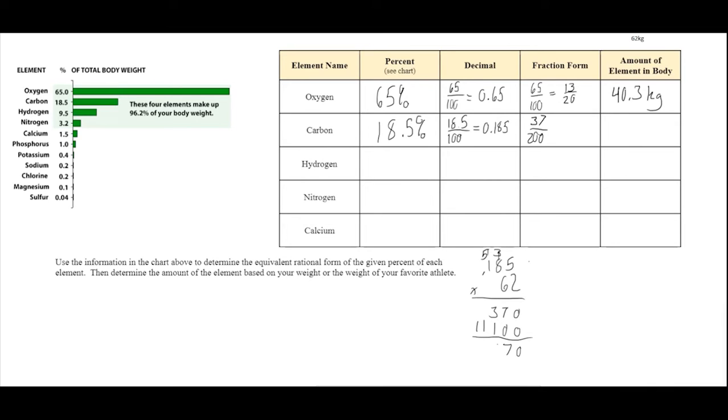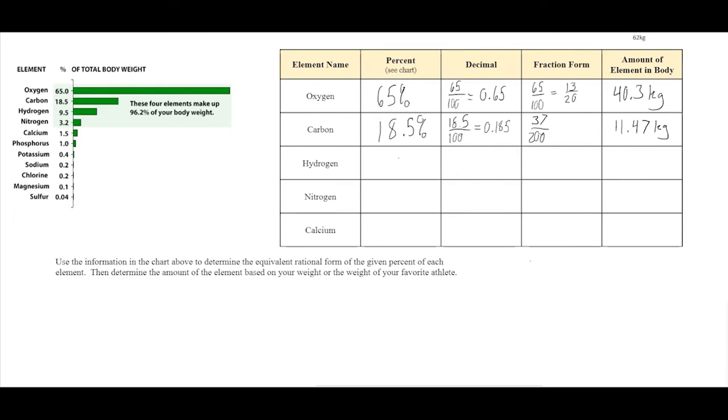Adding this together, and then taking the number of decimals shown here, which is 3, we see that it is 11 and 47 hundredths of a kilogram.